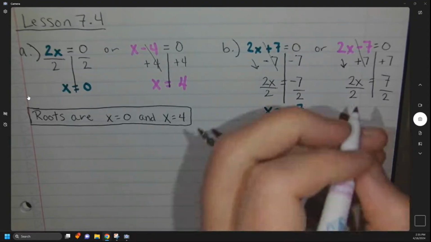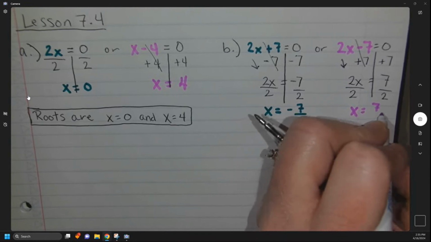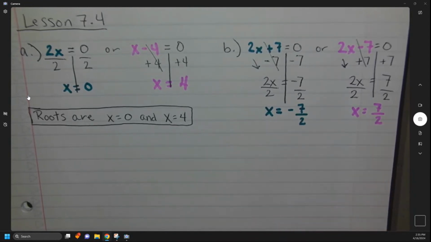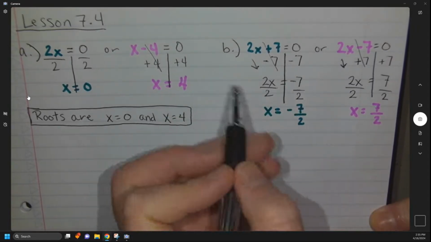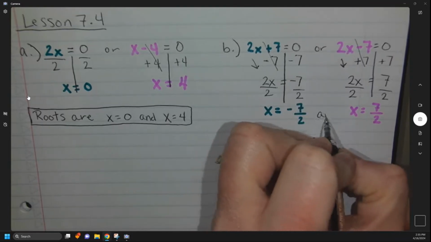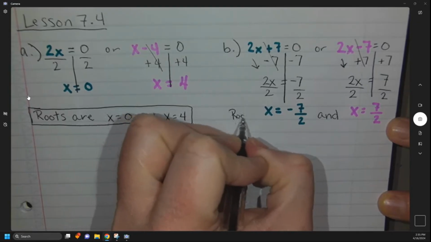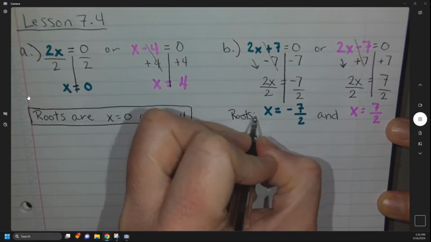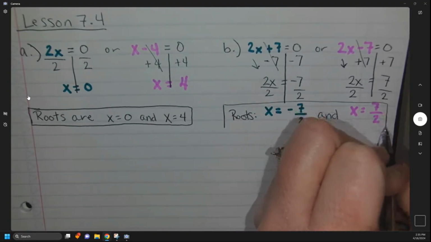And we also find that x equals positive 7 over 2. So the roots or the solutions for this one are x equals negative 7 over 2 and x equals positive 7 over 2. So those are those solutions, which we call roots.